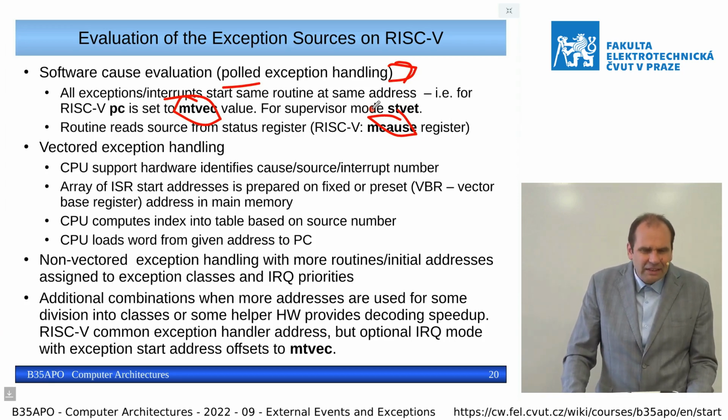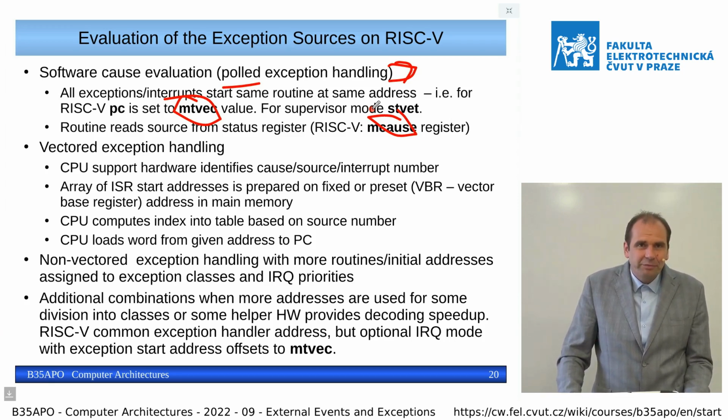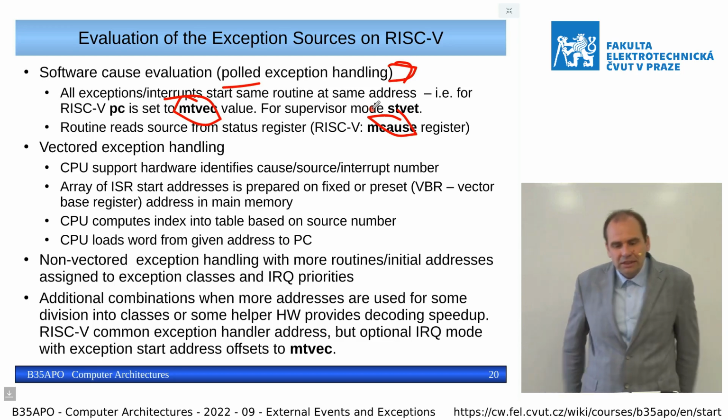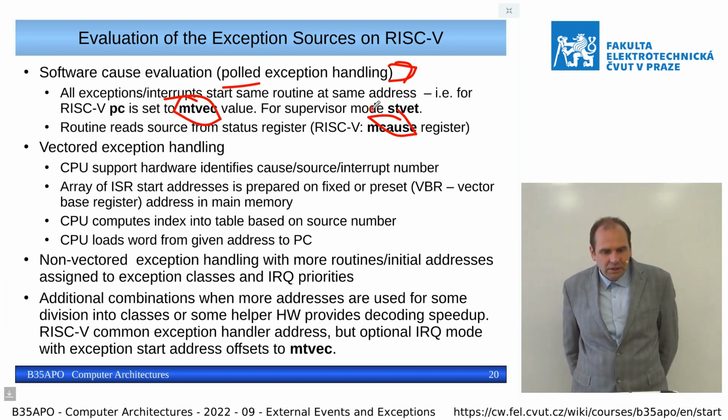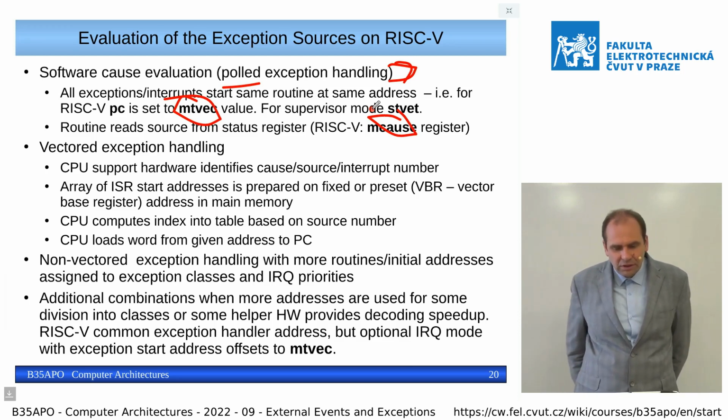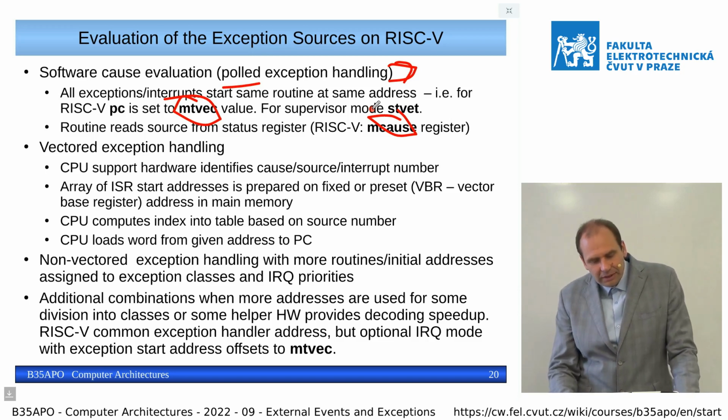And this one is sometimes better than other options, because in the operating system you usually need to do some common processing even for all external interrupts. So it is better to have a single entry point and process all the exceptions and external interrupts at the single entry point.